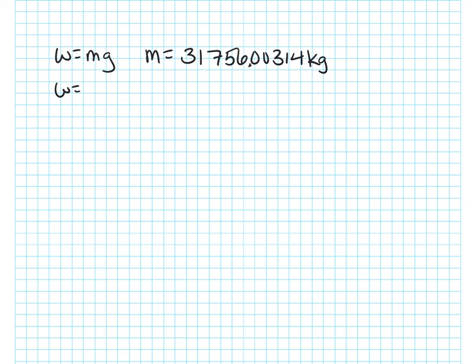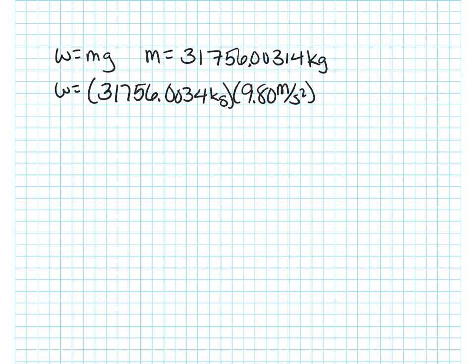So I've got to find the weight. W equals mg. Remember, I just found the mass to be 31,756.00314 kilograms. So the weight is equal to that number times the acceleration due to gravity on the Earth, 9.8 meters per second squared.